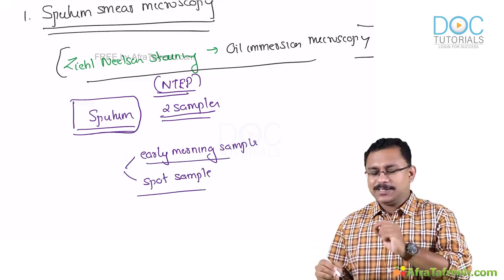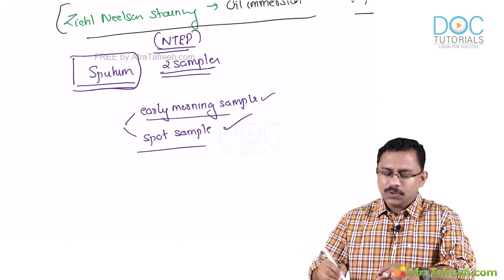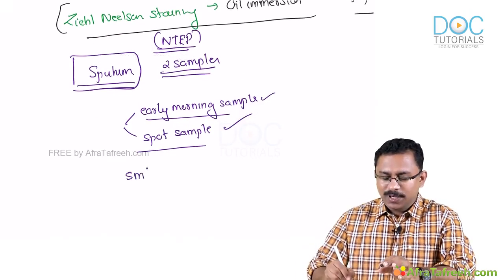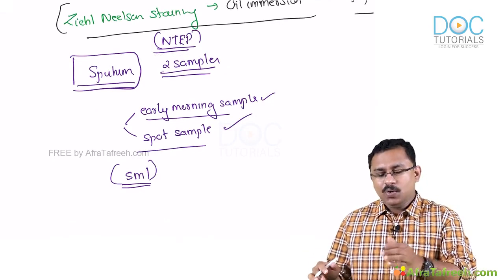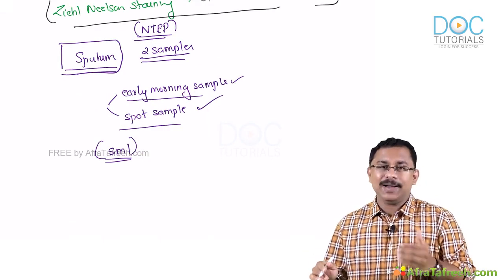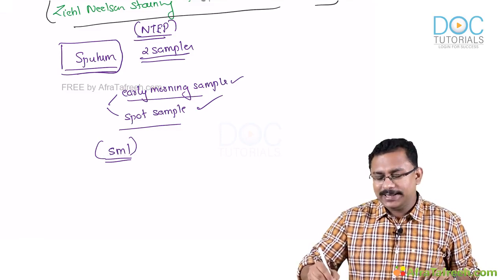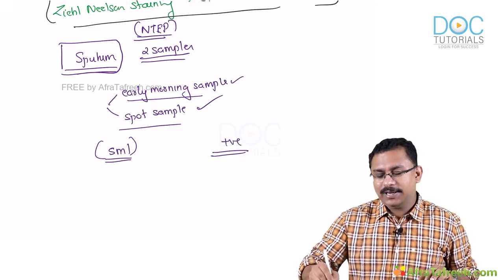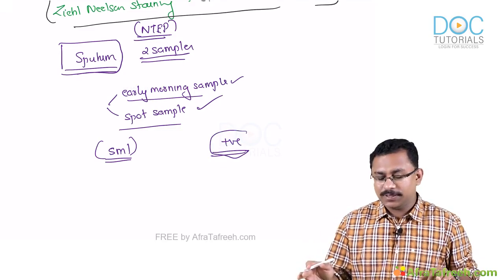Ideally, you would prefer a sputum amount of around 5 ml. Now, if any of these samples turn positive for the bacilli, you would say the test is positive. It need not be that both samples are positive. Any one of them should be positive.